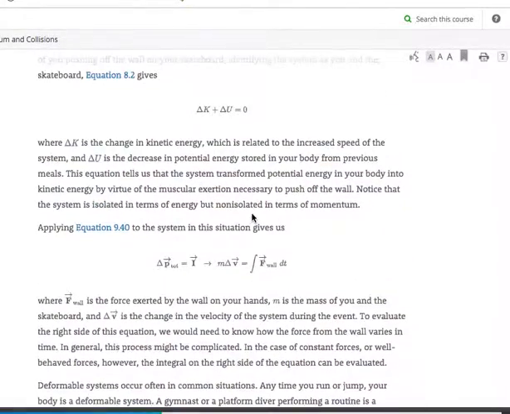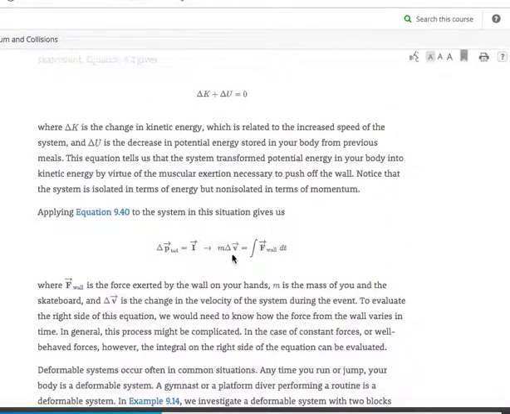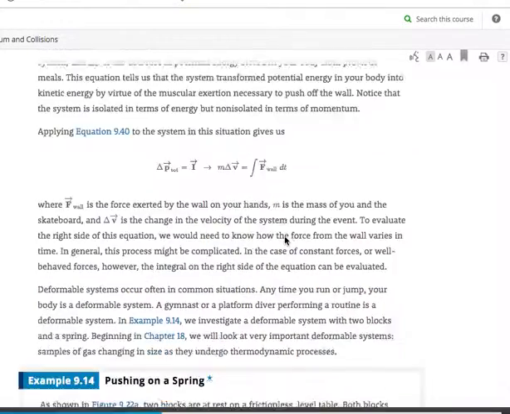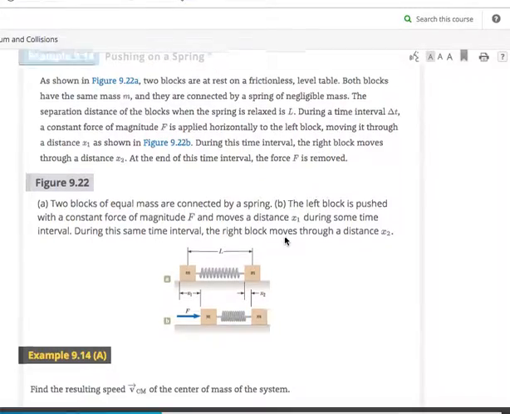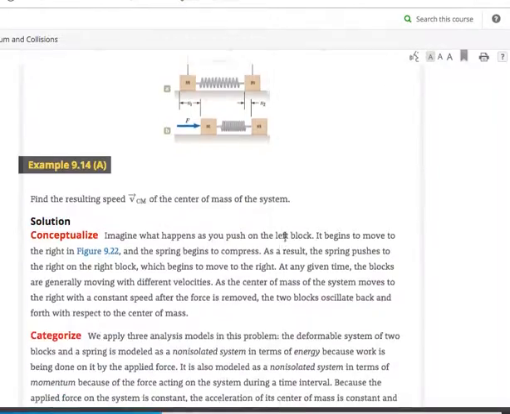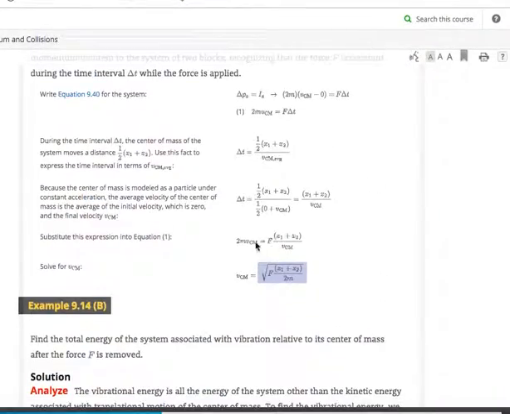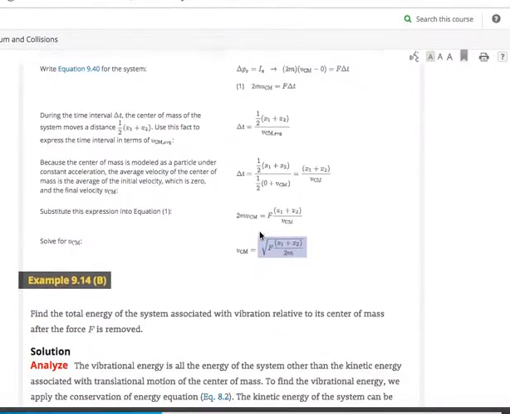If you have a deformable system, you can still say the change in momentum is equal to integral of F dt. This was the wall's force on the objects. You have to take into account conservation of momentum for the system, but then external force from the wall or from the spring or from whatever.